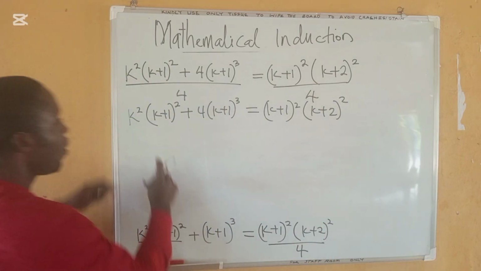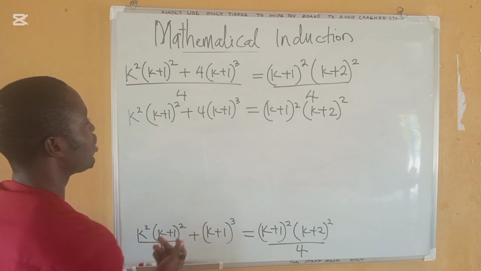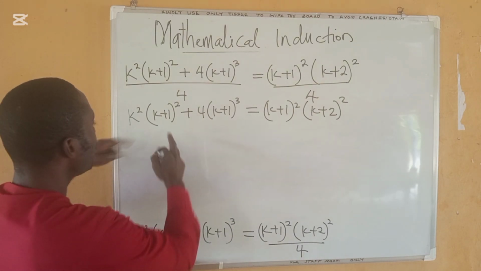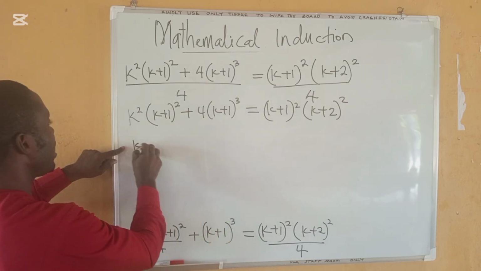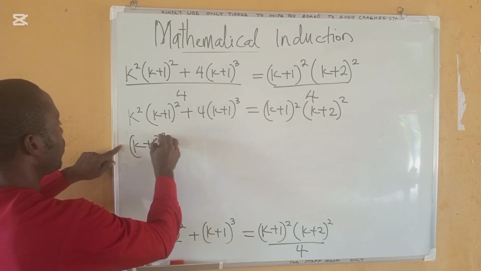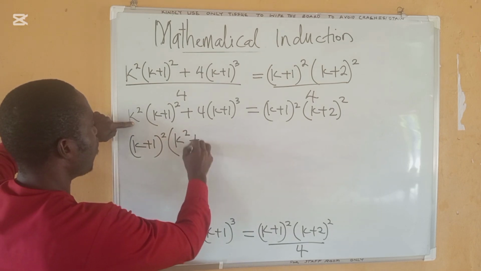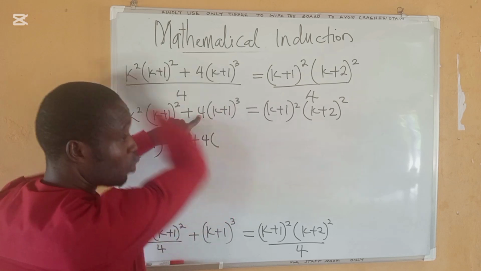Now, at this point, we can decide to do a little bit of factorization. k plus 1 squared is common between them. So we have k plus 1, all of this squared, and what is left is k squared plus 4 into k plus 1, since k plus 1 squared is out.